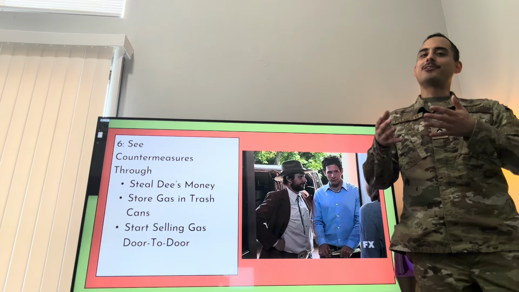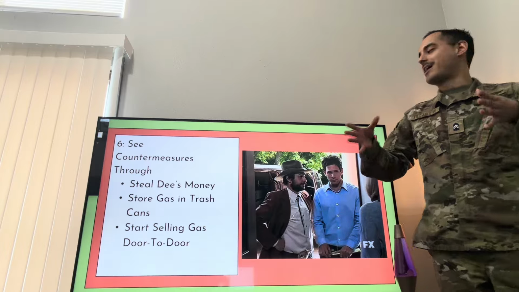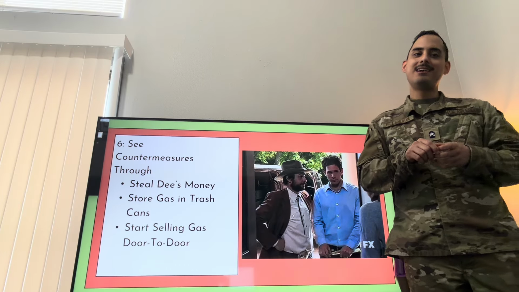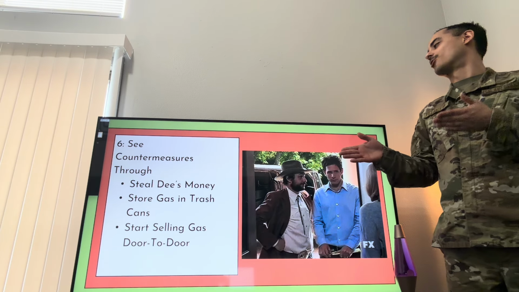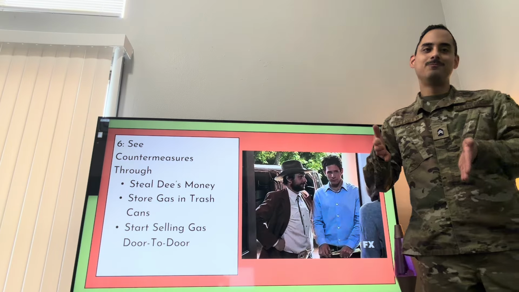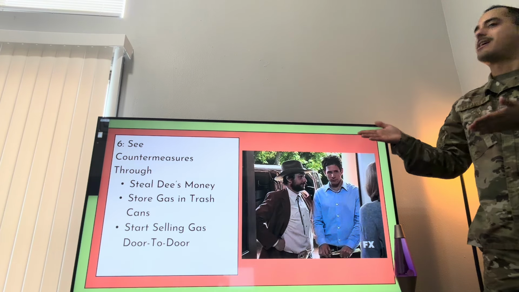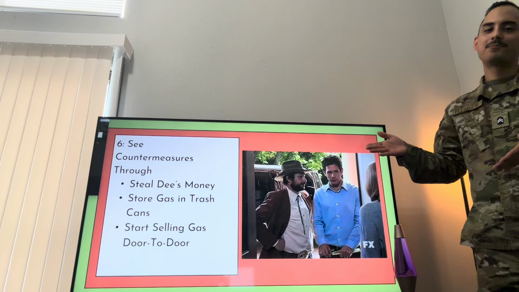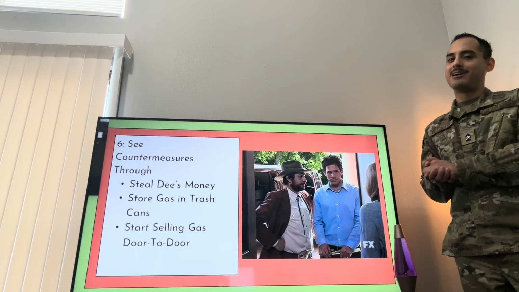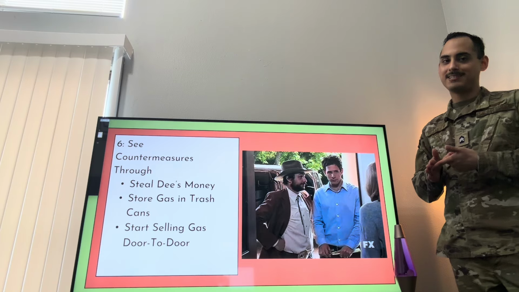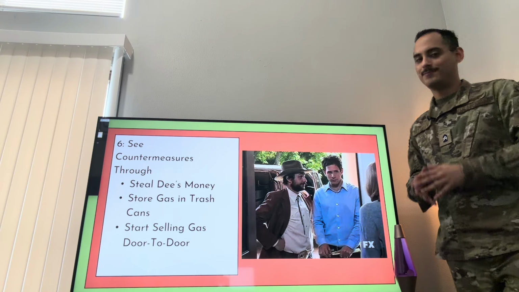They then go to a gas station, buy a bunch of gas that they store in trash cans, and thus attempt to sell it door to door out of their van. And thus this is the act phase in the OODA loop. Their plan is executed, but the execution is obviously reckless and unsafe.